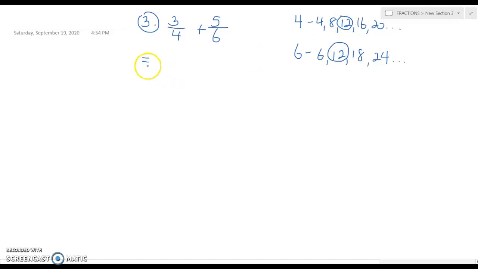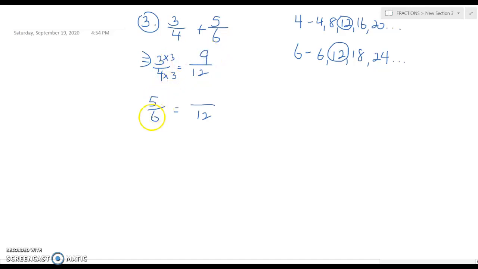So now 12 is going to be my common denominator. So now change your 3/4 and your 5/6, make those two fractions new fractions with the common denominator of 12. So for the first one, 3 over 4. 4 times what to give me that 12? 4 times 3. And then 3 times 3, again you have to multiply the same thing at the top.